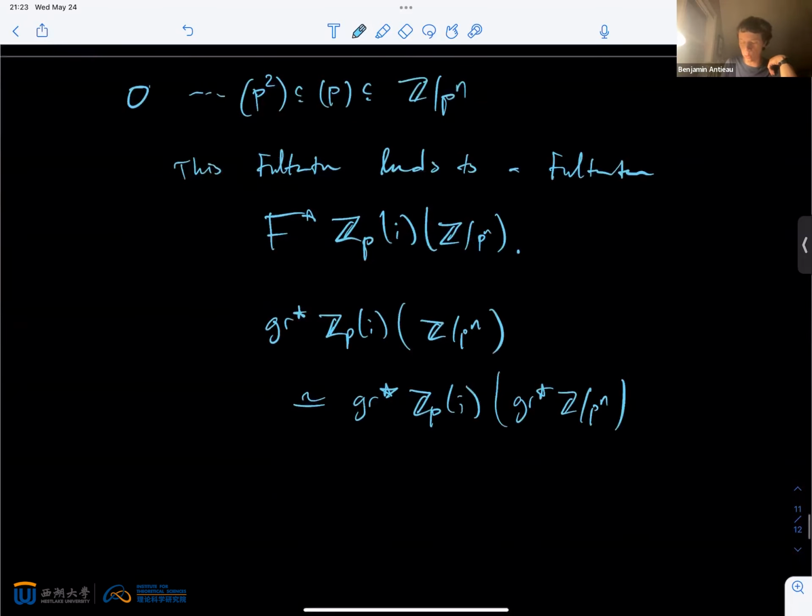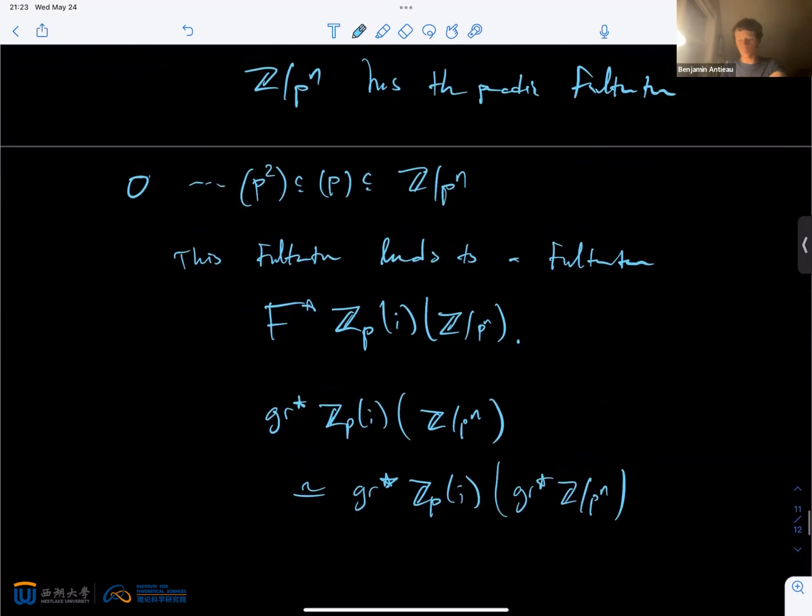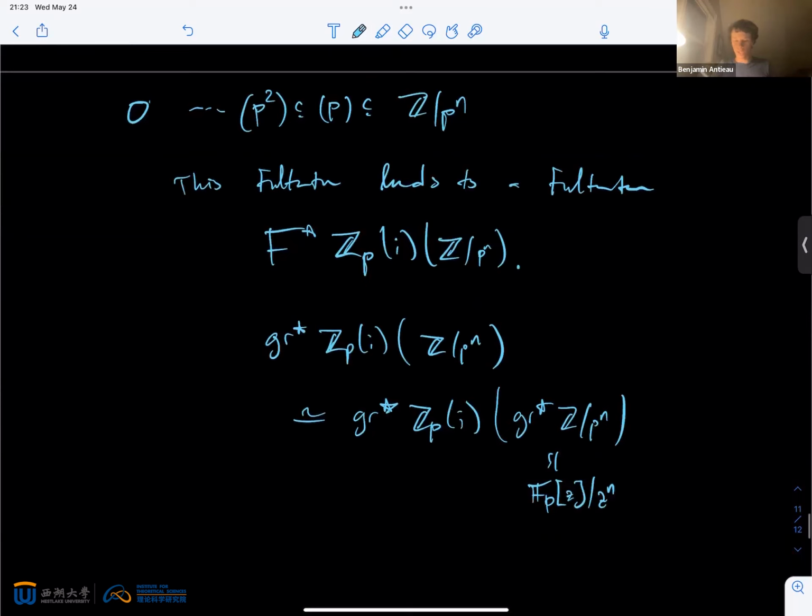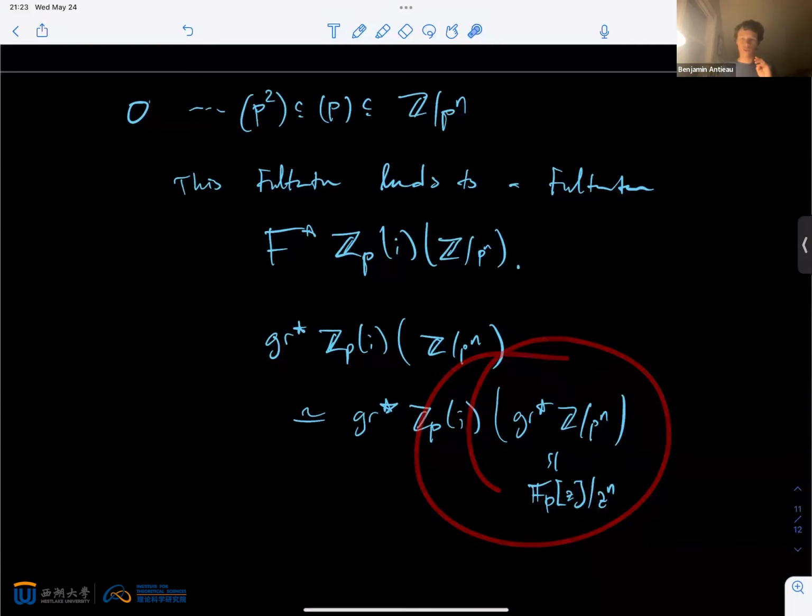Well, what is the associated graded ring of this p-adic filtration? This is F_p adjoin Z mod p^n. And what I've just told you is that the syntomic cohomology of this is known.